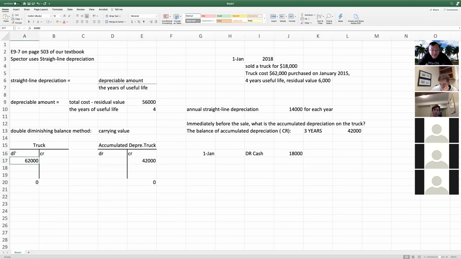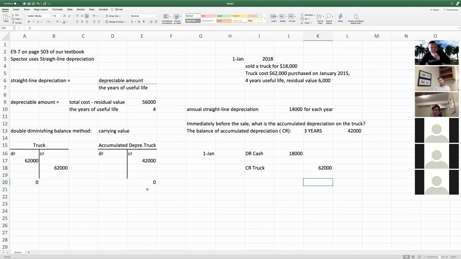Right now it has a debit of 62,000. The only way to make it 0 is to credit the same amount. So now let's credit truck, the cost account, for 62,000.